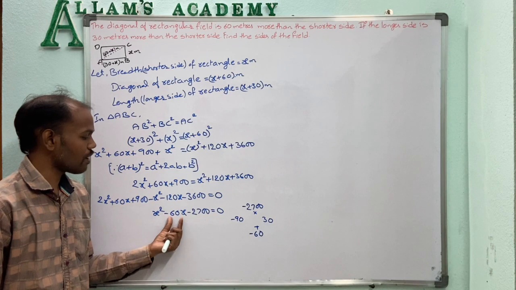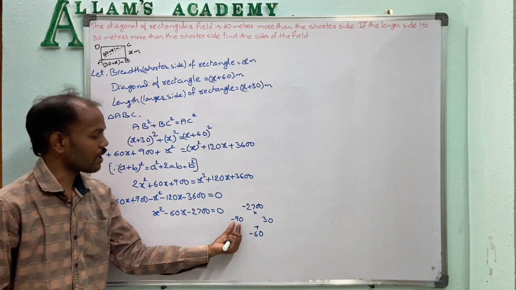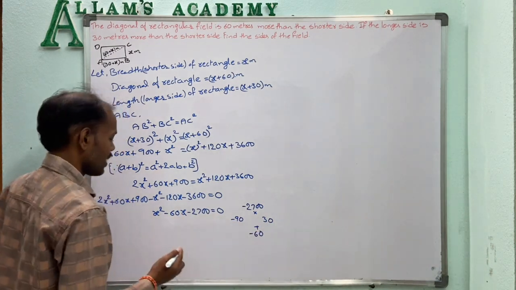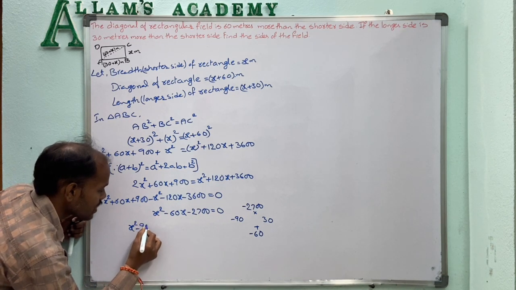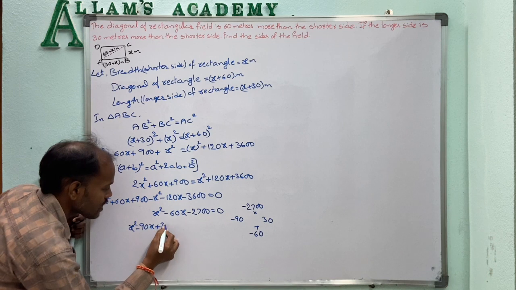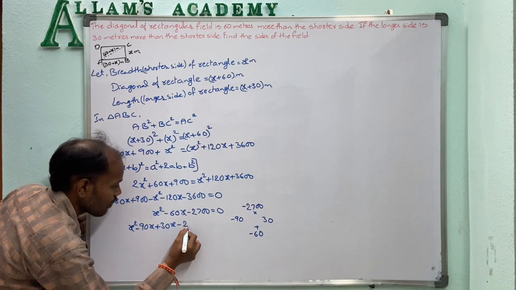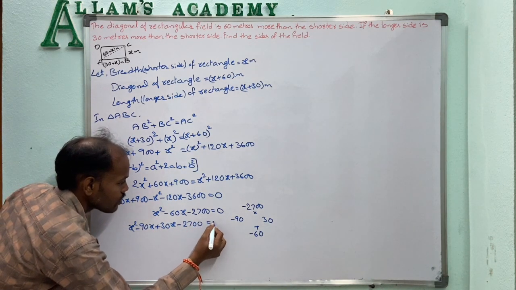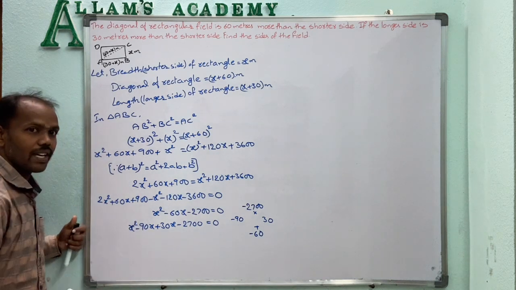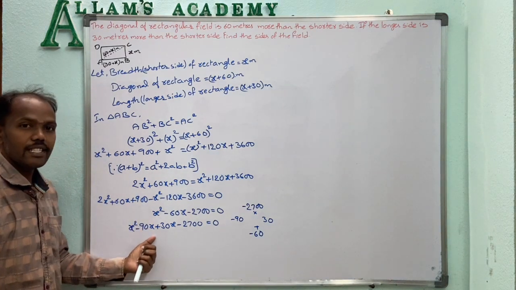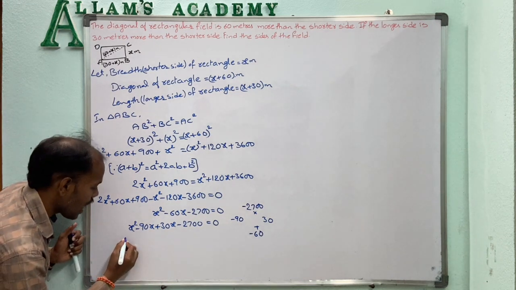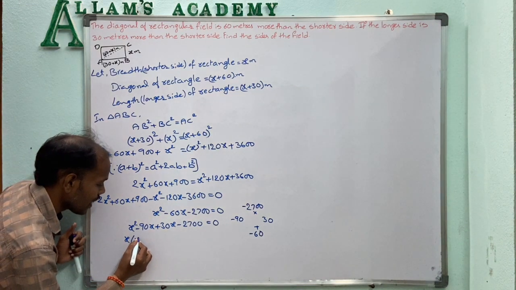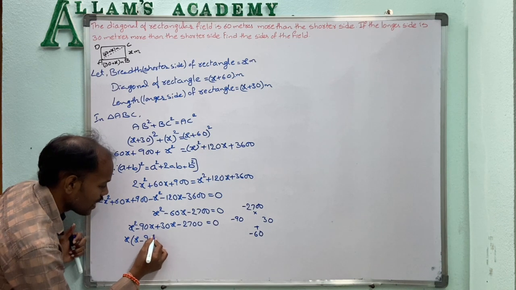So in place of minus 60x, we can write minus 90x plus 30x. So x square minus 90x plus 30x minus 2700 equals 0. Now x square we can write as x into x, and 90x as 90 into x. In both, x is the common factor, so taking x common, x into x minus 90.